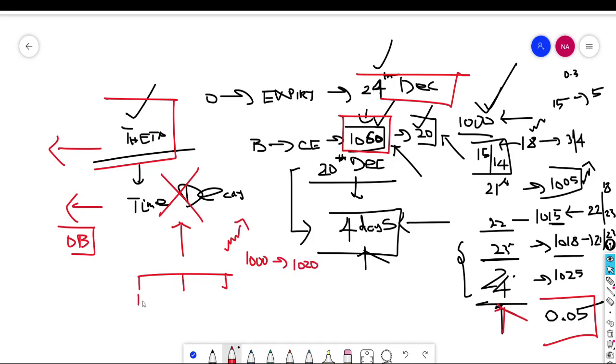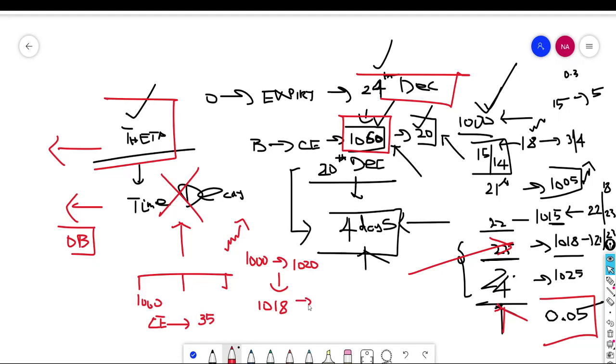If you have chosen a 1000 call option and, as in this example, the stock price has come to 1018 on 23rd, you have paid a premium of 35.